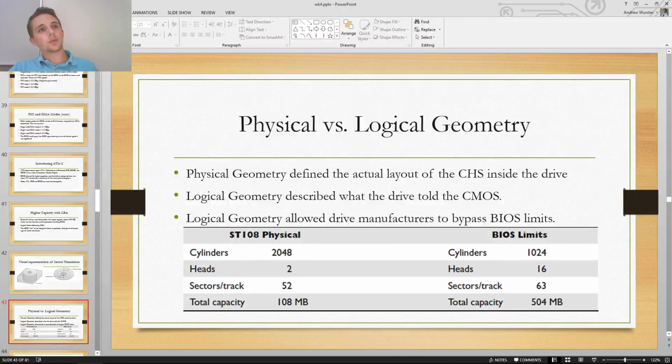So ATA 1 actually allowed for 137 gig drives, but because whoever invented the BIOS thought that people were only going to use 504 megs, kind of killjoys for everyone. So the super slow 3.3 meg technology allowed for something really big.